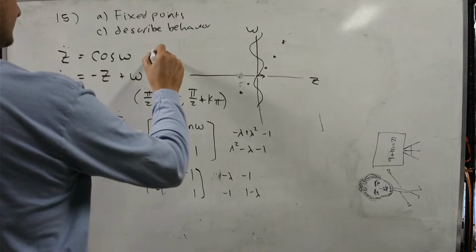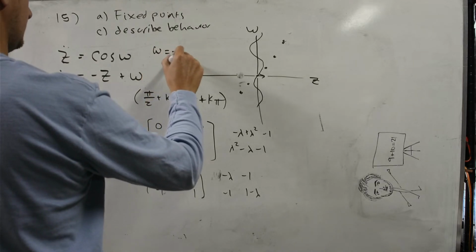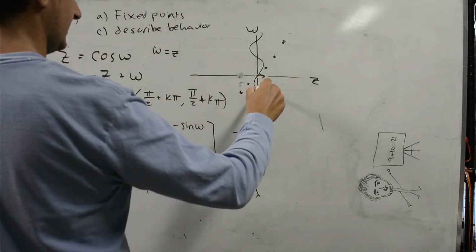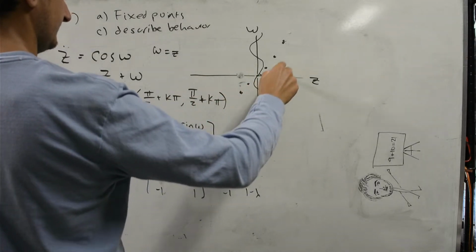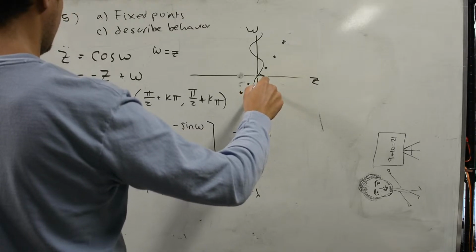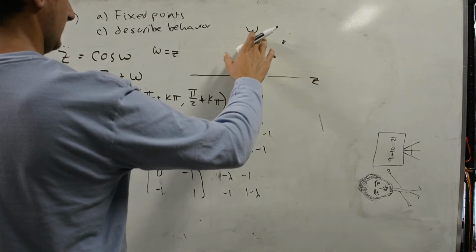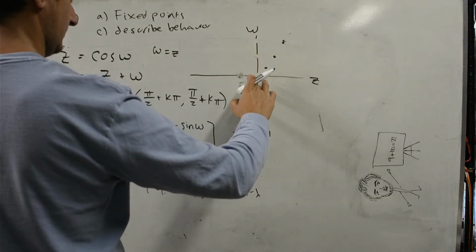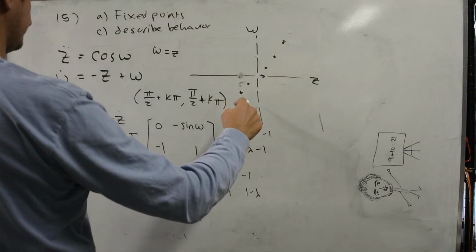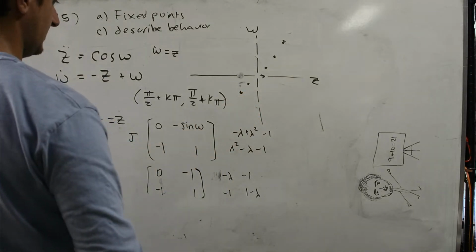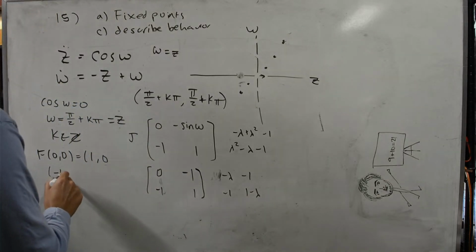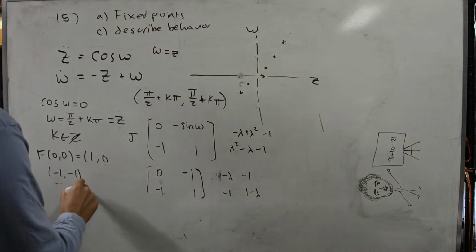And now if you have w is equal to z, which is this equation, if you're in, let's say, -1, 1, -1, -1.